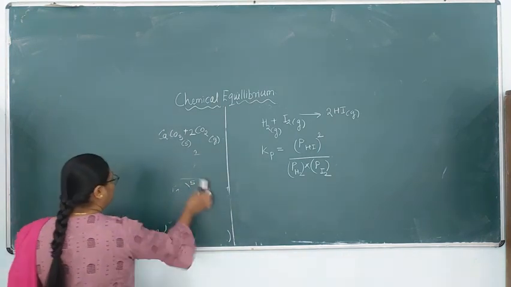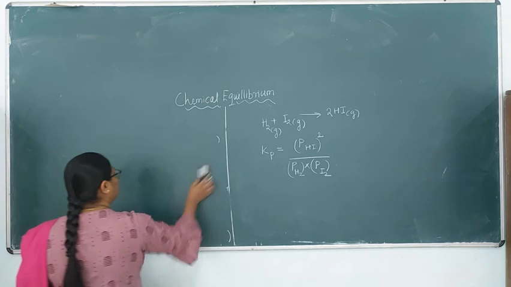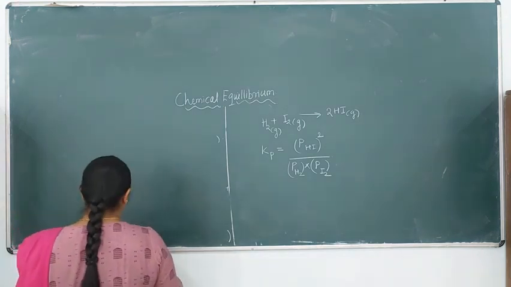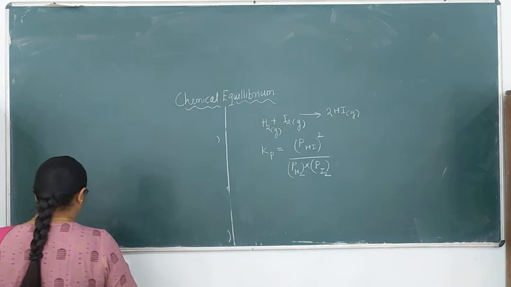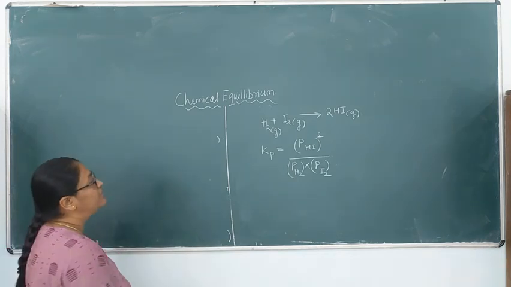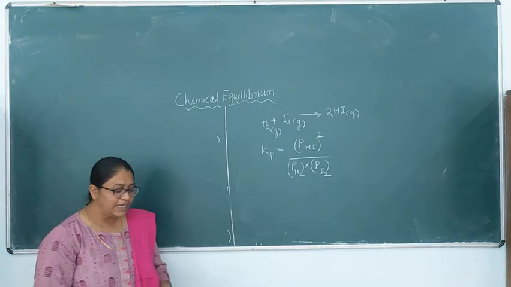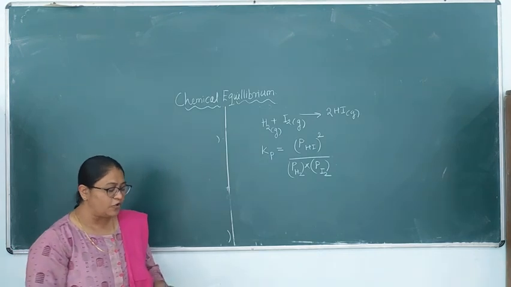Now let's take one problem on the equilibrium. Calculation of the equilibrium constant we are going to see. Here the problem is given. The problem is like this. Calculate the equilibrium constant for the reaction.